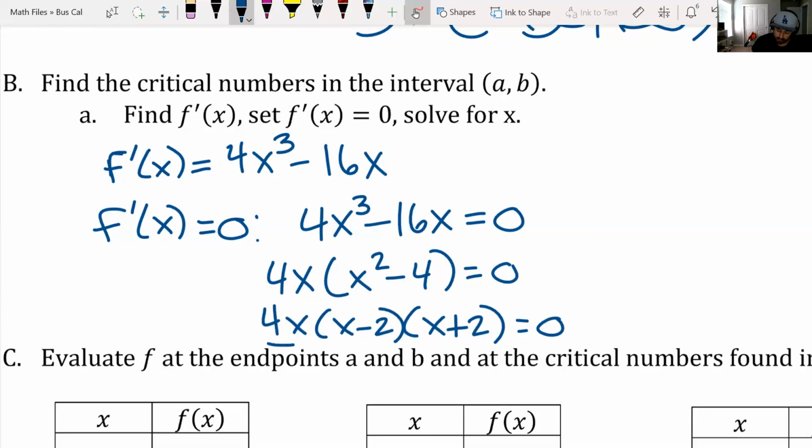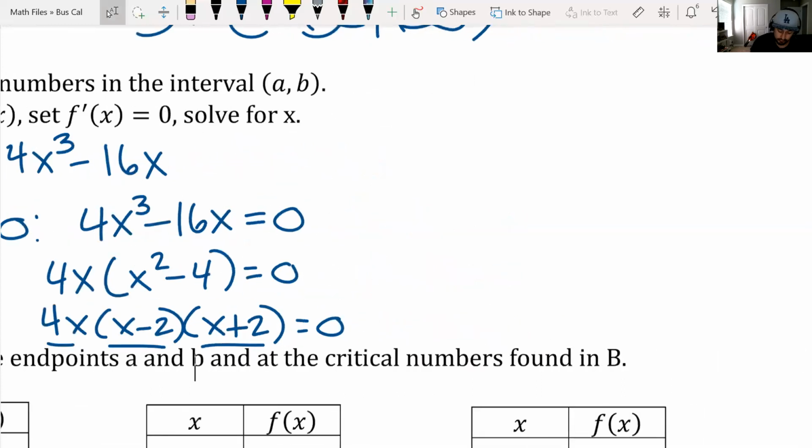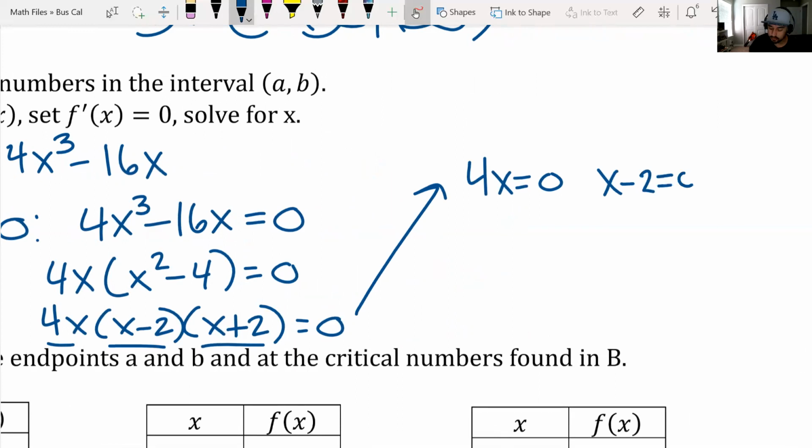Now, set all three of these terms equal to 0. I get 4x equals 0, x minus 2 equals 0, x plus 2 equals 0.